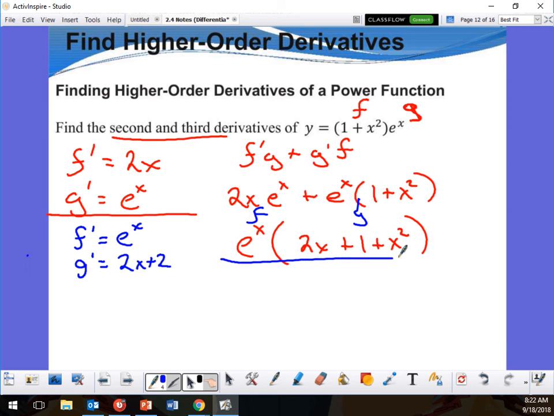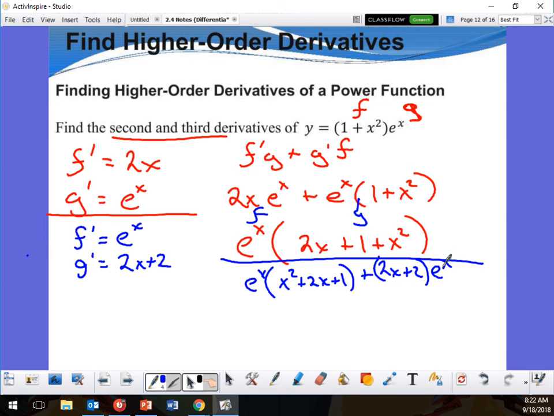So it's e to the x, I'll rewrite this to make it easier, x squared plus 2x plus 1, plus g prime, which is 2x plus 2 times e to the x.